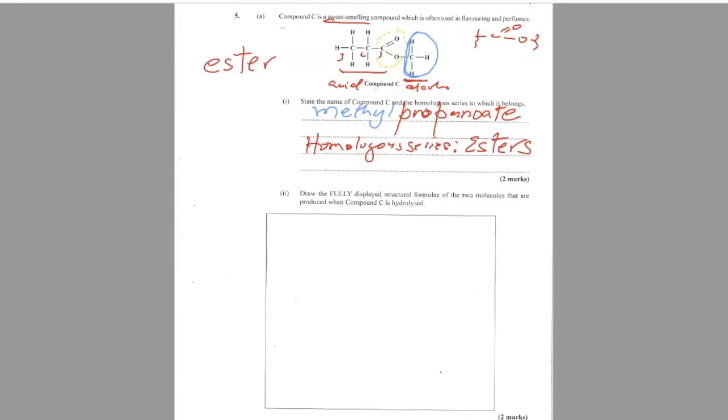When the compound was formed to begin with, we would have had the OH from our acid joining with the H from our alcohol. And that part would have been pinched off, for want of a better word, to give us our water.